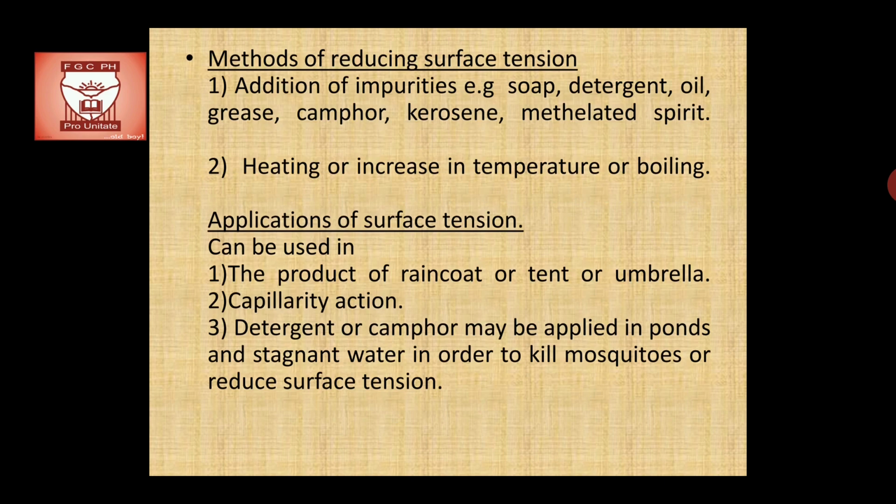Any of them you can use, but you don't need to write an example as the method of reducing. You will not write just soap. That is not a method. We say it is the addition of impurities, and one of the impurities is soap, or you can use detergent. All these are impurities.